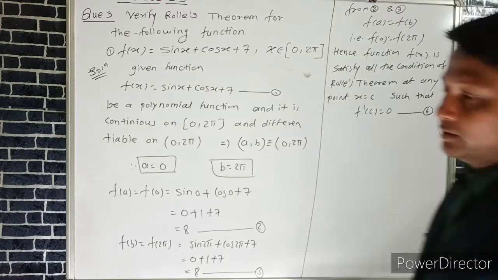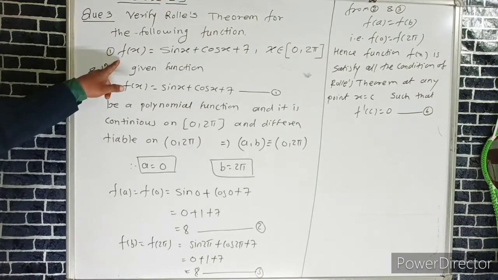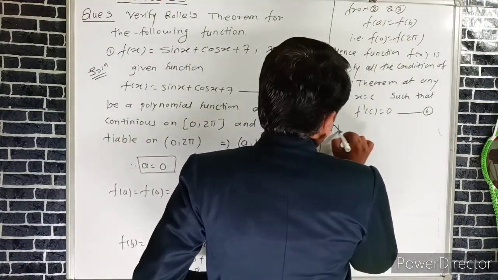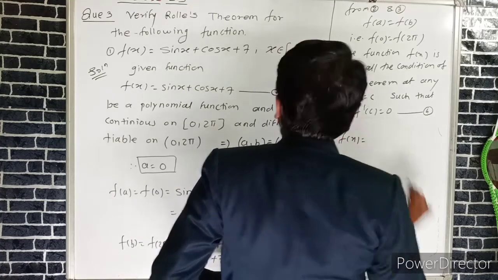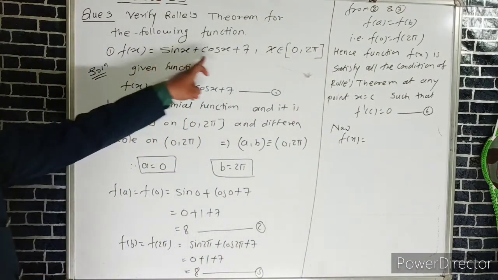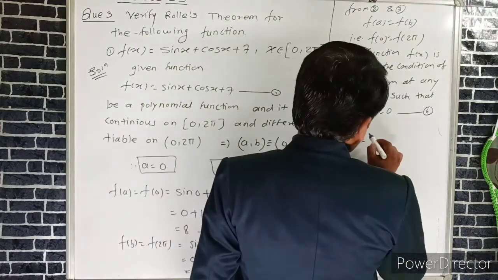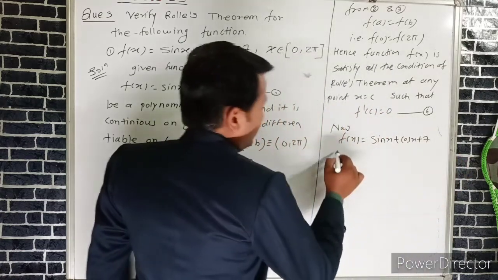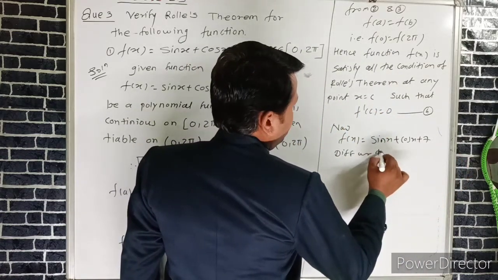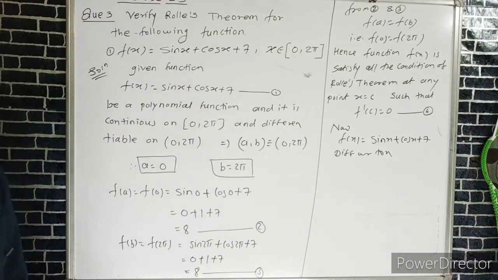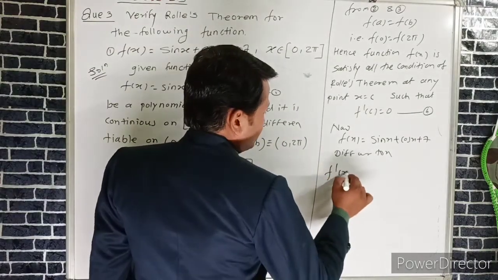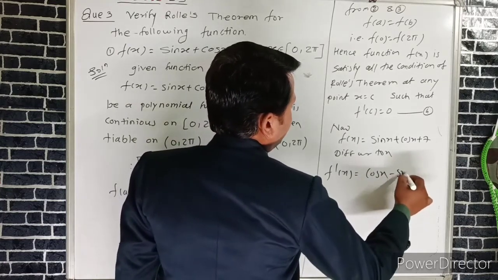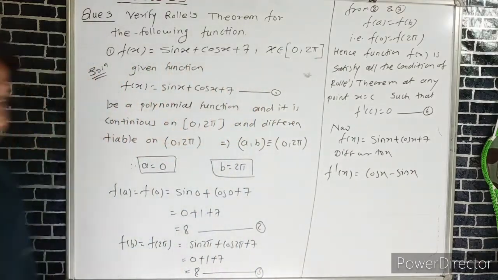So now we have to find f'(x). At x = c, we get f'(c). So now we take the function f(x) = sin x + cos x + 7, equation 1. If we differentiate the given function with respect to x, we get the derivative of f(x), f'(x): the derivative of sin x is cos x, the derivative of cos x is -sin x, and the derivative of 7 is 0.